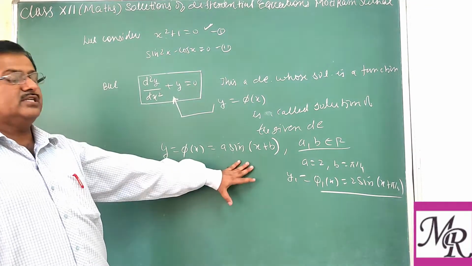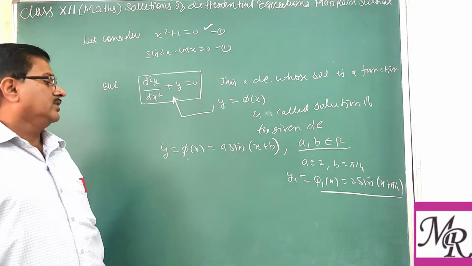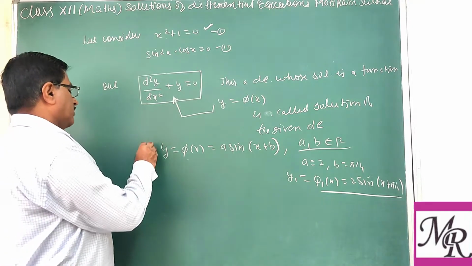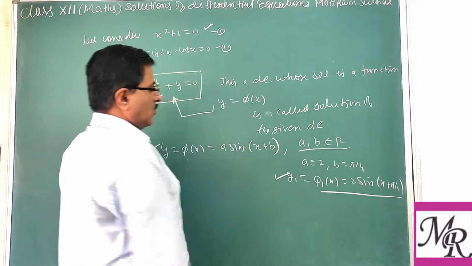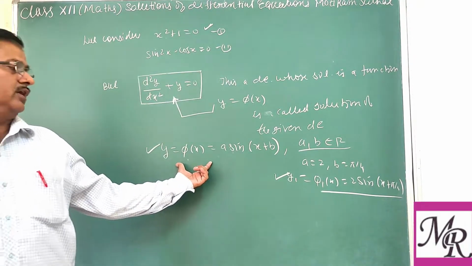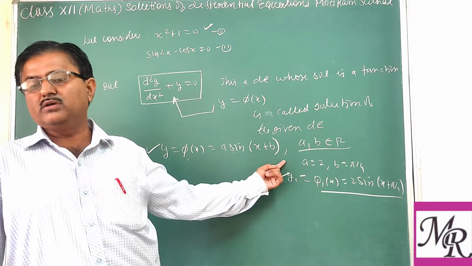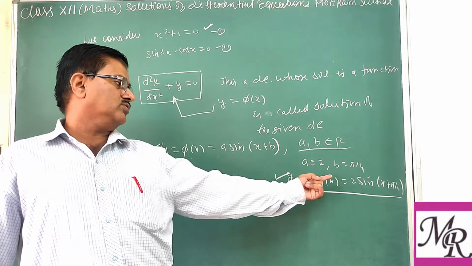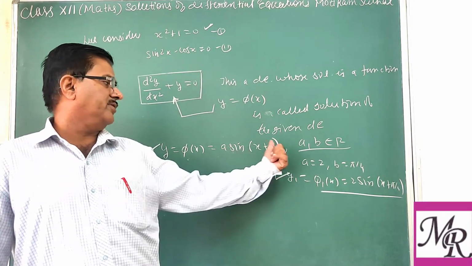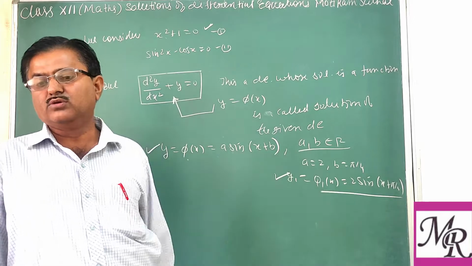That's why there are two types of solutions. One is the solution in which there are two arbitrary constants a and b. The other is the solution in which these two arbitrary constants have fixed values.